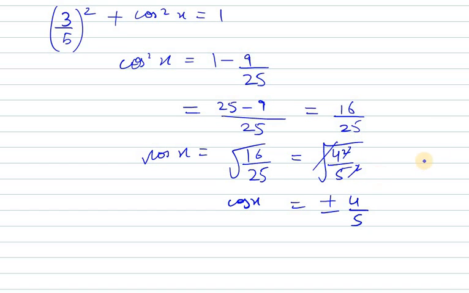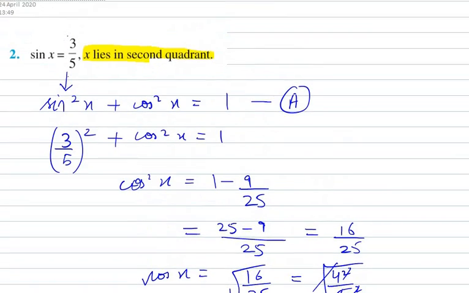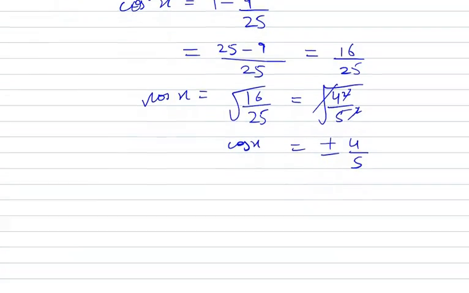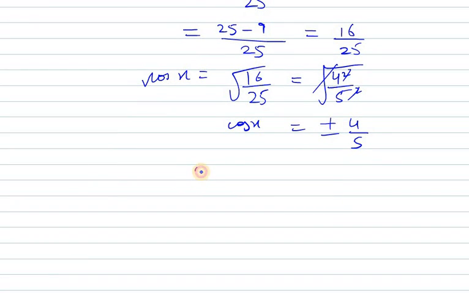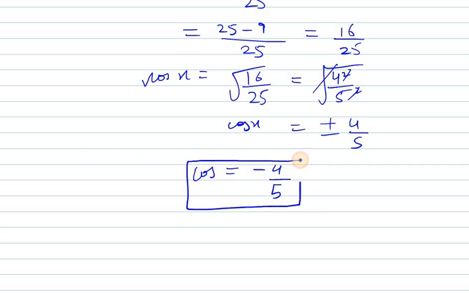Now in this case, as we know that x lies in the second quadrant, whenever we talk about cos x in the second quadrant, it is always negative. So you need to use that NCERT book, and there is a table in it which clearly shows in which quadrant we have negative or positive values.